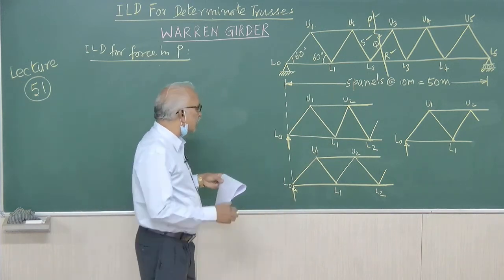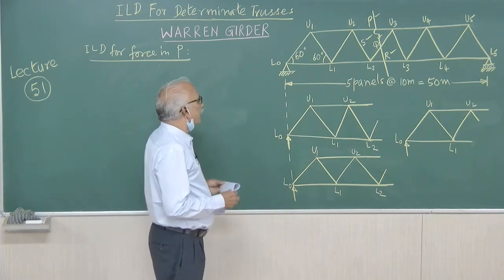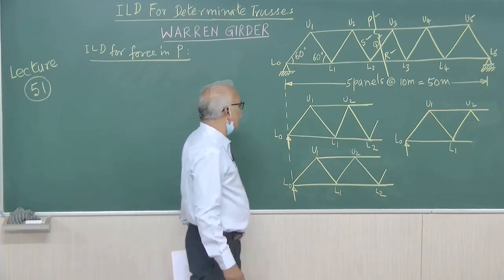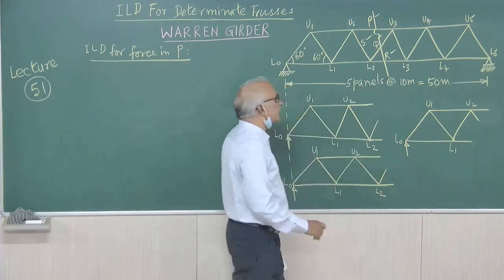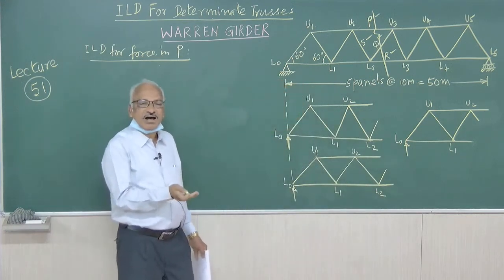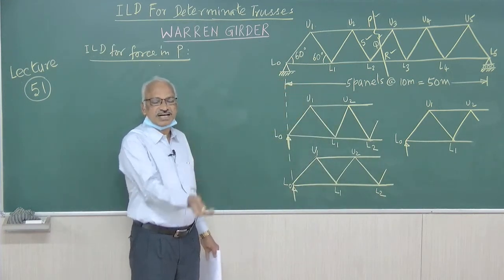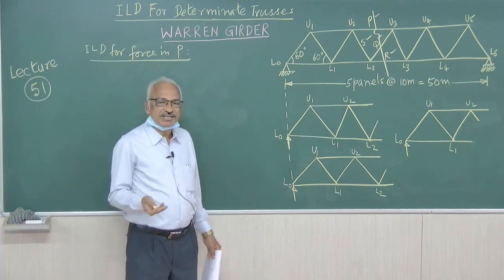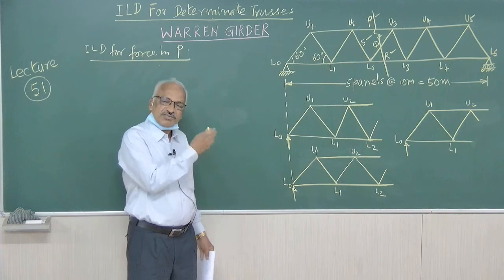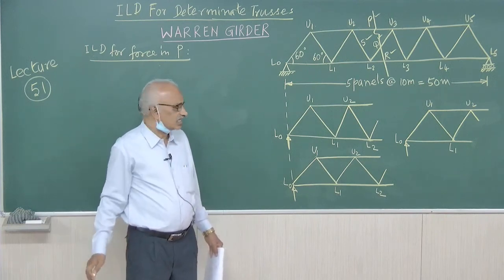When we draw ILD for P, now this is the section, so we have to consider the truss either on the left hand side or on the right hand side. We will consider the equilibrium of the part of the truss either to the left of the cut section or to the right of the cut section.